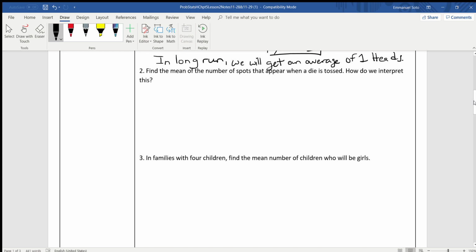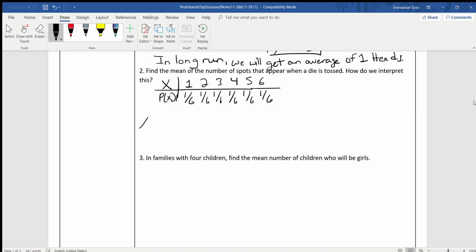So we're looking at the mean of the number of spots that appear. So x is the number of spots. So we have 1 through 6. And each of those possibilities or outcomes is attached to a probability of 1 out of 6. So in this case, the mean is quite simple.